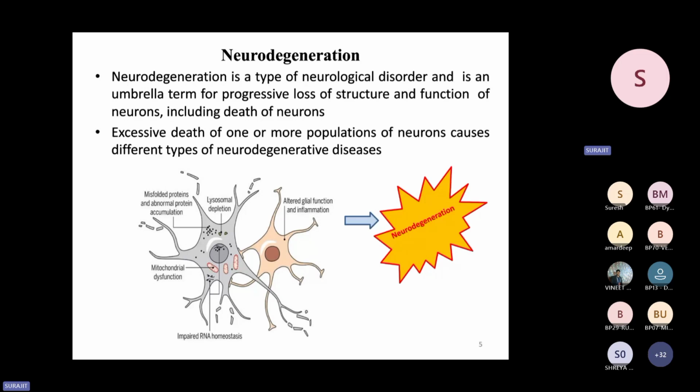Excessive death of one or more populations of neurons can cause different neurodegenerative disorders. There are various etiologies associated with them, like misfolded protein and abnormal protein accumulation within the neurons, lysosomal depletion, mitochondrial dysfunction, impaired RNA homeostasis, altered glial function, and inflammation. These are various common types of etiology which are associated with neurodegeneration and cause the death of our neurons.